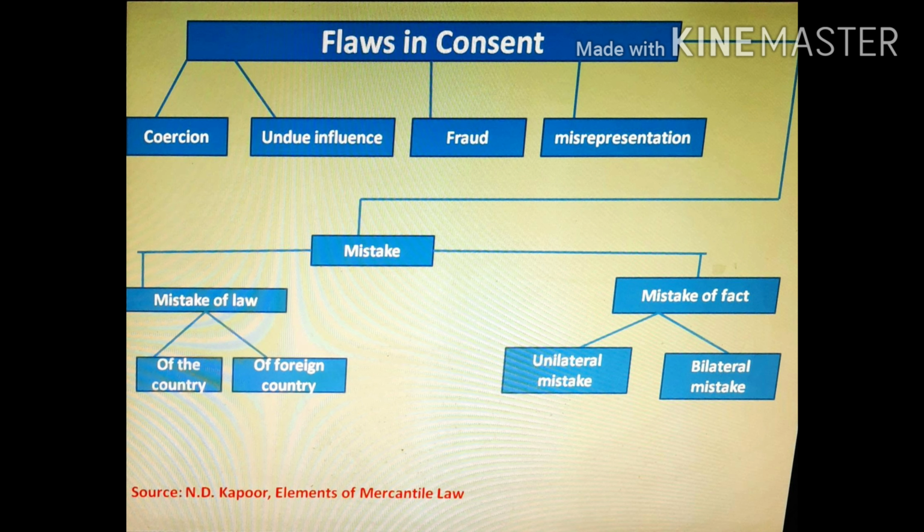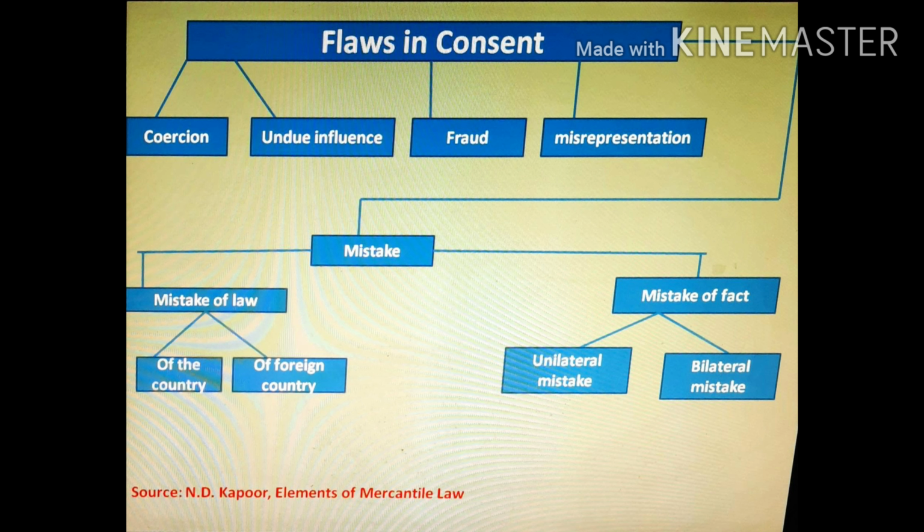Now, mistake of fact. Fact can be anything. It may be pertaining to price, it may be pertaining to consideration or identification of the subject of the contract or mode of performance or terms and conditions, whatever it is. So that fact sometimes can be misunderstood. Right? Suppose only one party misunderstood or committed a mistake with respect to fact.